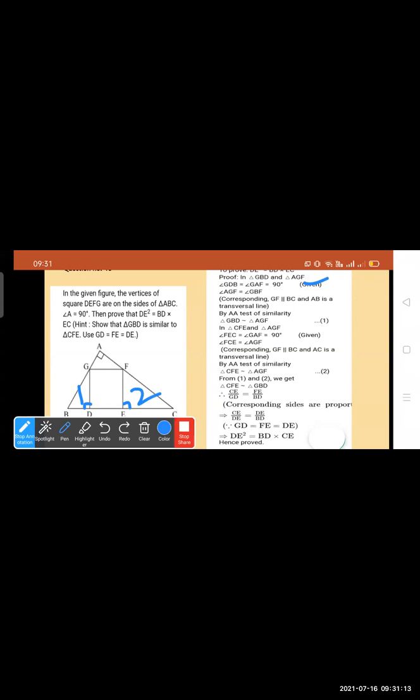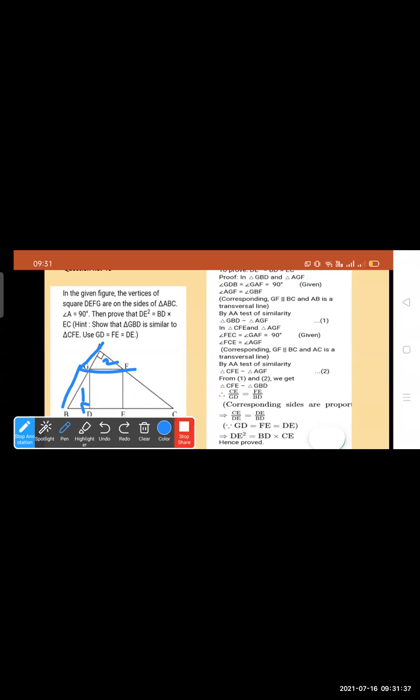Sorry. First we take these two triangles, GBD and AGF. So here D is 90 and A is 90. Second, angle AGF is equal to angle GBF.